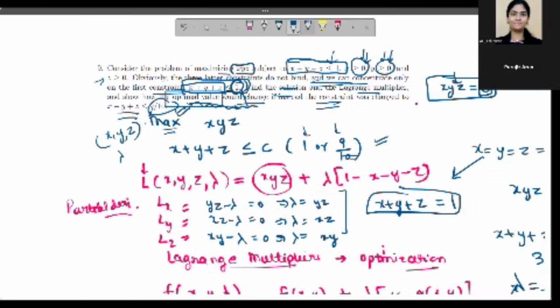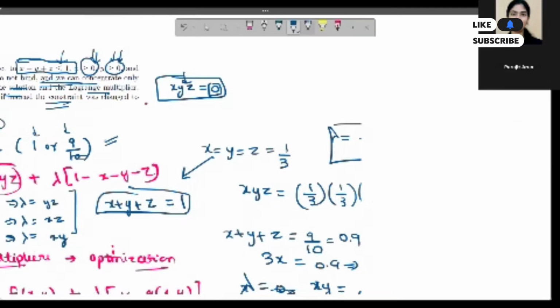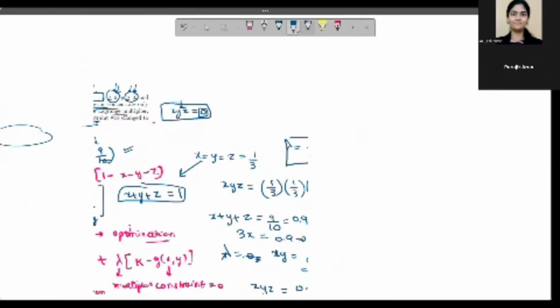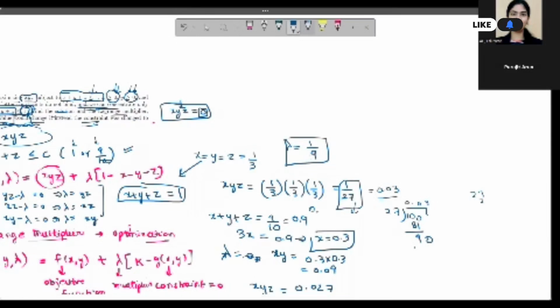How the optimal value changed, that means initially you were maximizing XYZ and you got your maximum XYZ as how much? So we got it as this, 0.0033.